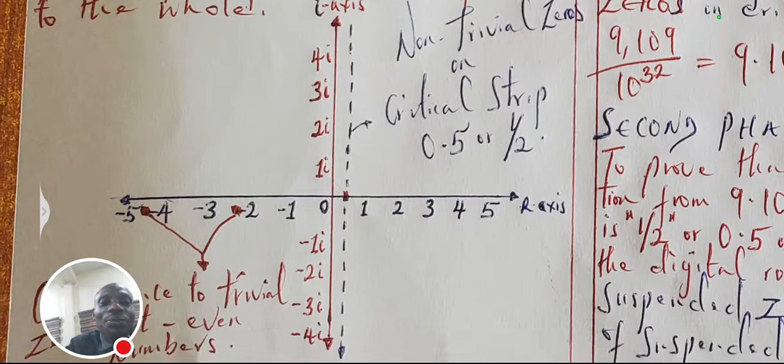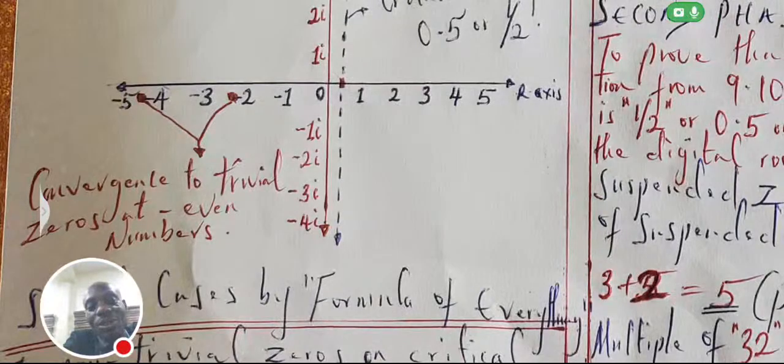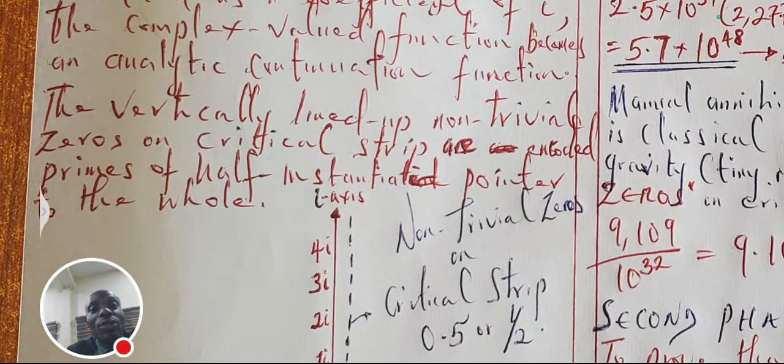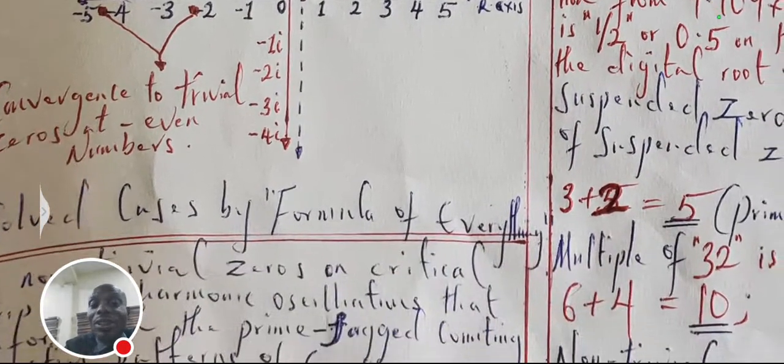Okay, so now another thing that we need to pay attention to is, I don't know how to put it, a big problem because it's at the bottom of what reality is: the vertically lined up non-trivial zeros on the critical strip are encoded primes of half instantiated pointer to the O. Now, where is the O and what is the O?